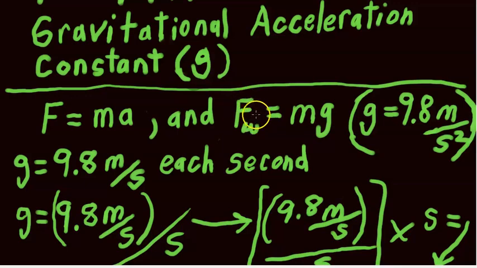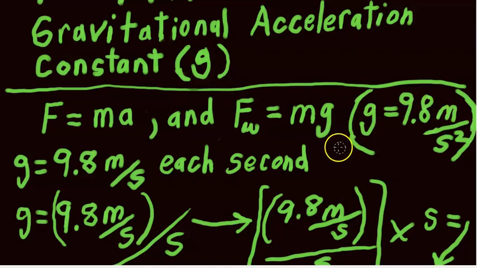The weight of an object is the mass of the object times the gravitational constant of acceleration near the Earth's surface, and that constant is 9.8 meters per second squared.